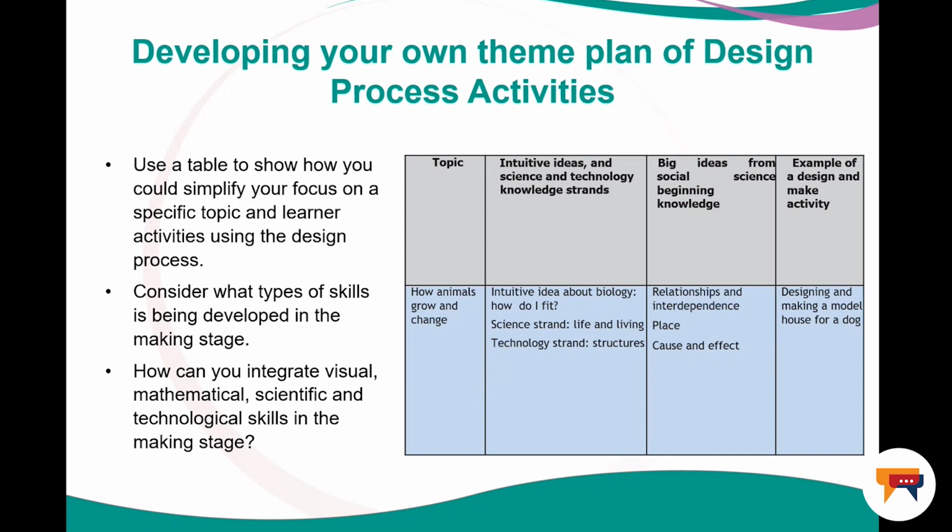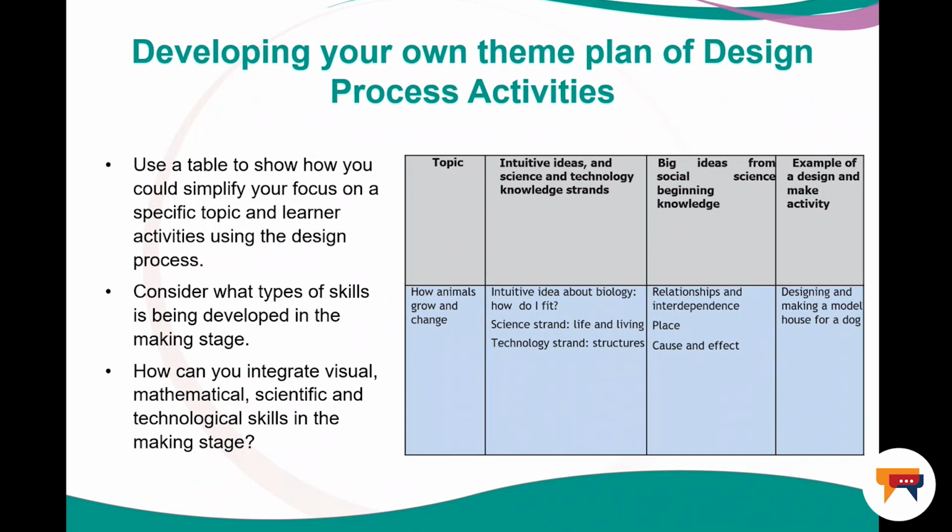So you see how important it is that we understand these big ideas and we're able to apply them within our theme plans. So let us consider a theme plan for learner activities for a design and construction of a model of a doghouse. So this is basically a topic here, how animals grow and change. And then when you come to your intuitive idea, how do I fit?